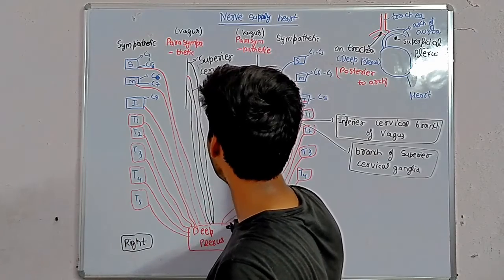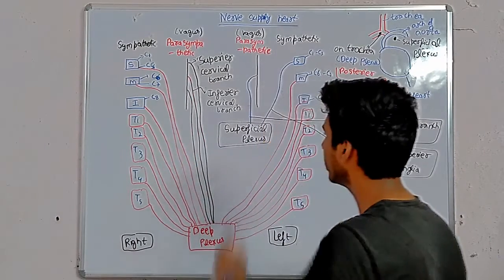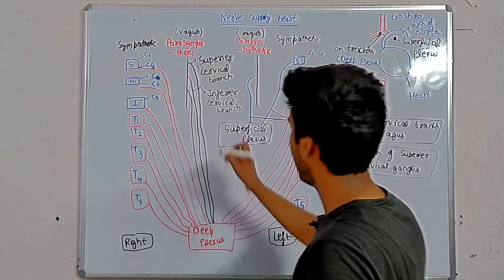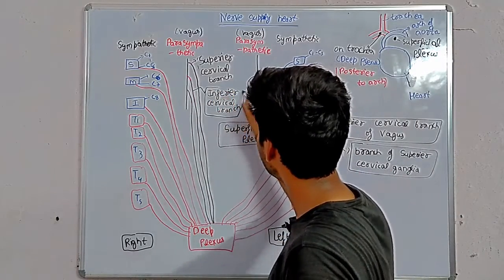Remember, on the left side the inferior cervical branch goes to the superficial plexus, but on the right side the inferior branch goes to the deep plexus.